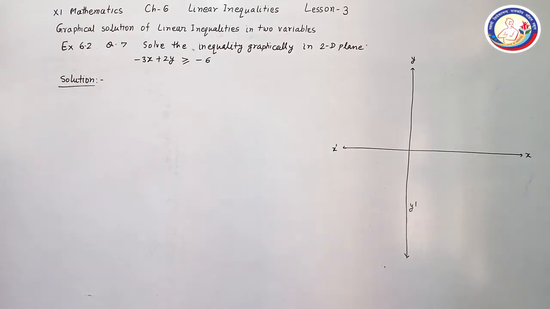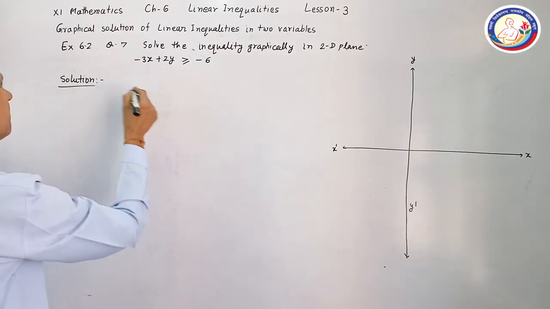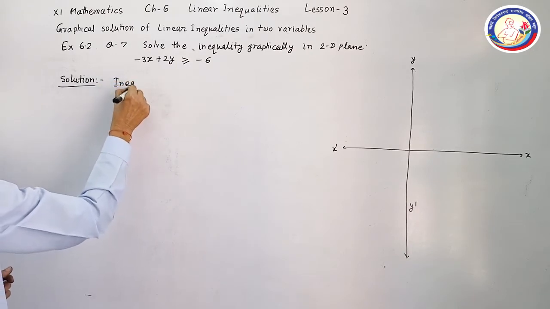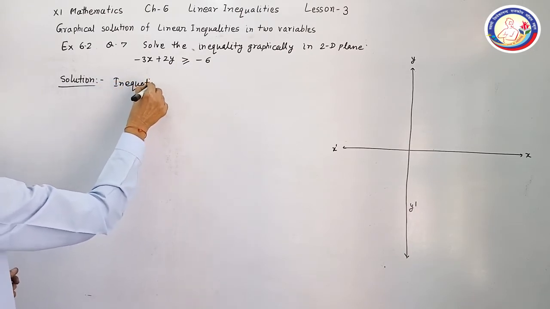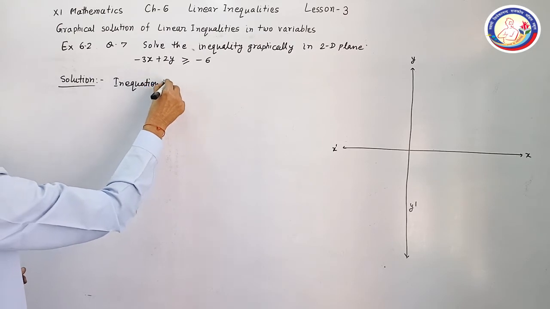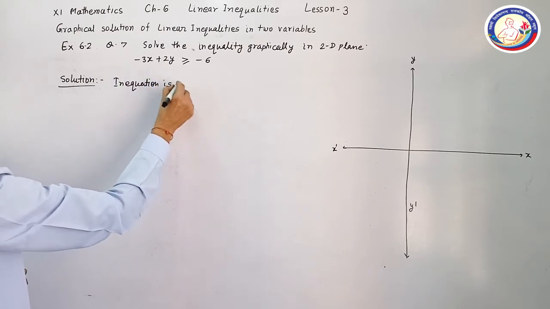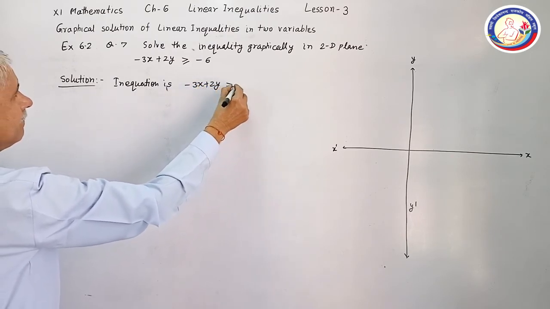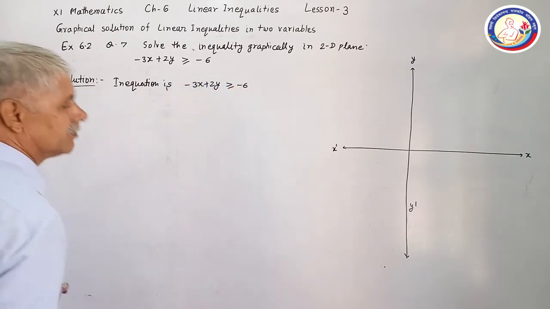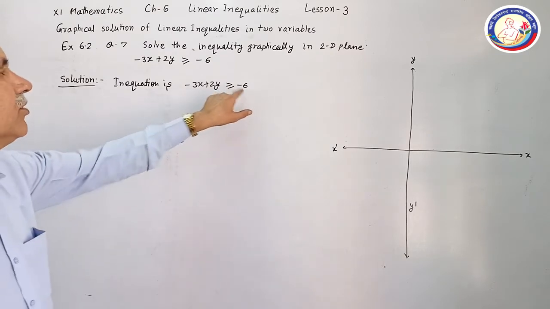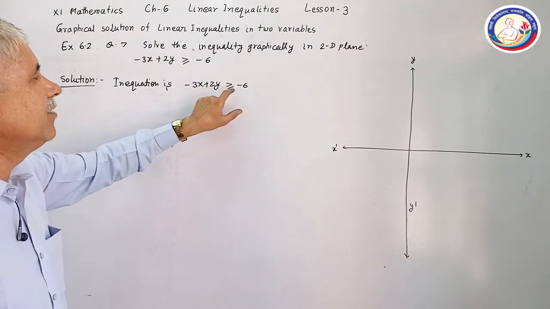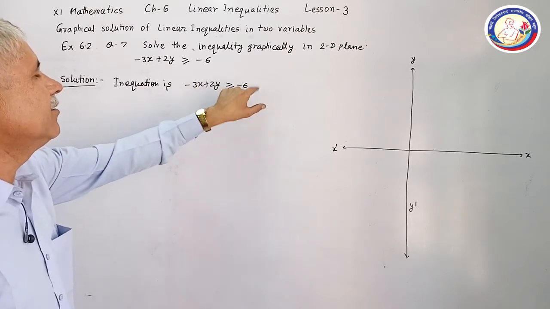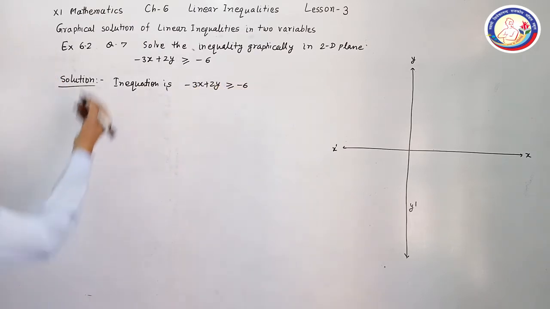The given inequation or inequality is this. This represents two statements: minus 3x plus 2y is greater than minus 6, and minus 3x plus 2y is equal to minus 6.